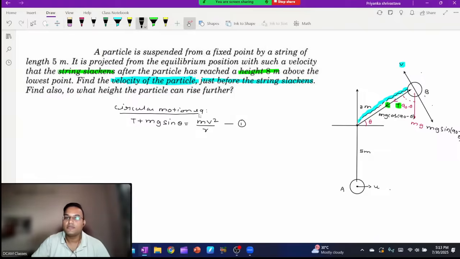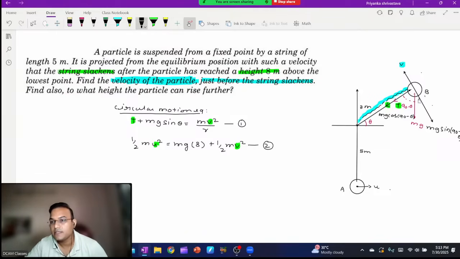The conservation of energy equation that we will make is half mu square equals mg into (5 plus 3), that is 8 meter, plus half mv square. You have these two equations, but the problem is you have two equations but three variables: v, u and T. Theta you already know, because this height is 3 meter and this is 5 meter, so sine theta will be equal to 3 by 5.